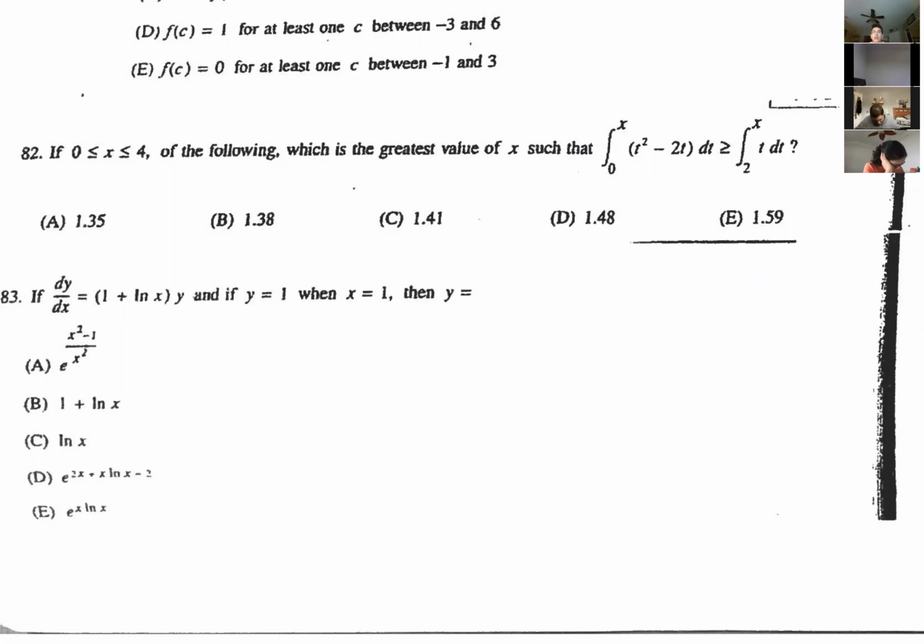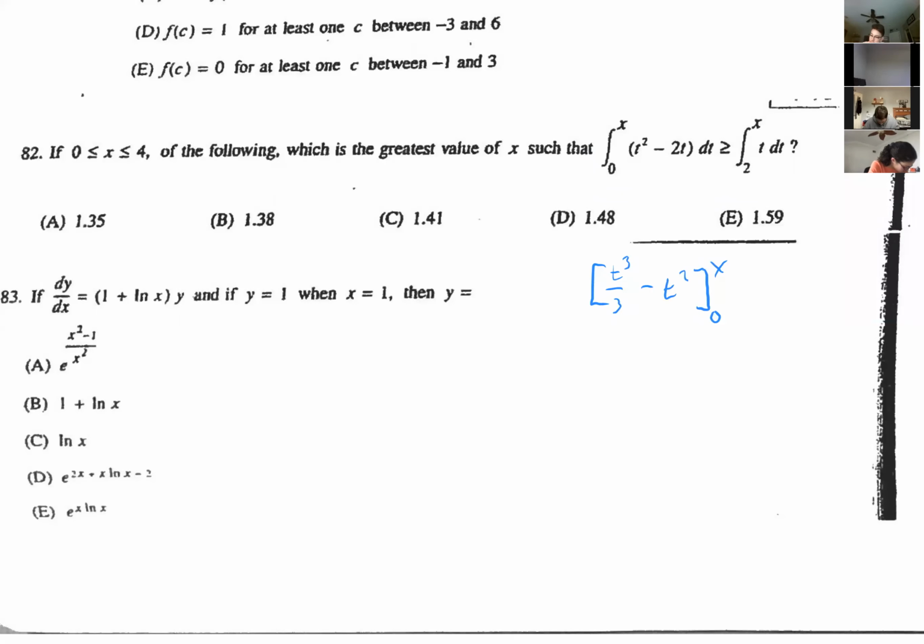So what I'm going to do instead is find the left integral and the right integral. So backtrack to the beginning, I apologize. When I integrate from 0 to x, my left side is going to look like this. When I integrate it, it's going to be t cubed over 3 minus t squared.